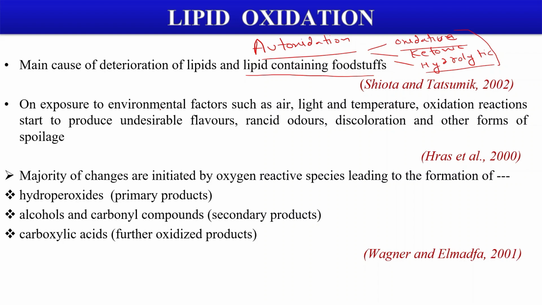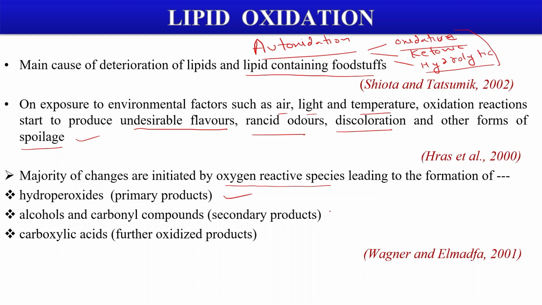On exposure to environmental factors such as air, light, temperature, oxidation reactions start to produce undesirable flavors, rancid odors, discoloration, and other forms of spoilage. We have seen that at the end of oxidation there is formation of secondary oxidation products, which produce the undesirable flavors, rancid odors, discolor the product, and sometimes result in spoilage. The majority of changes are initiated by oxygen reactive species, leading to the formation of hydroperoxides.